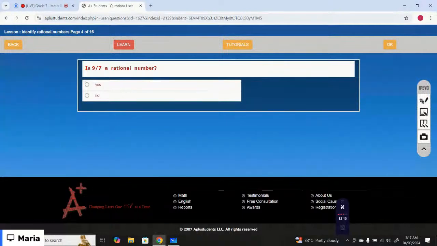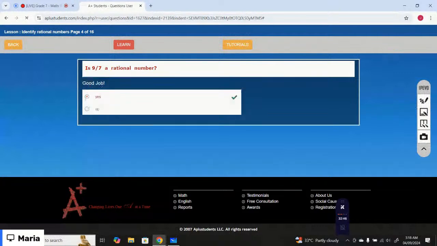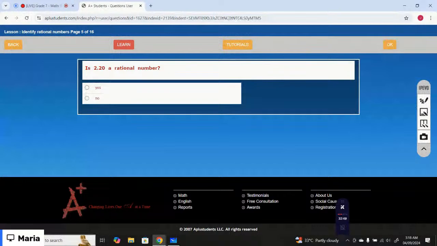Is 9 by 7 a rational number? The correct option is yes, it is a rational number, right? Is 0.20 a rational number?